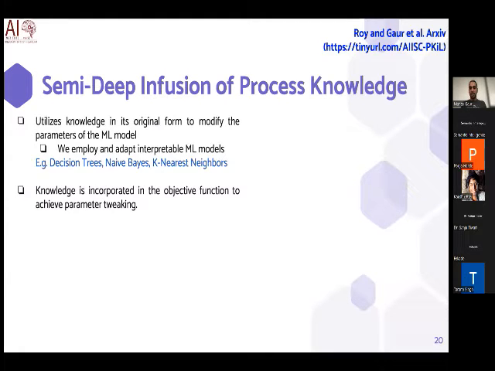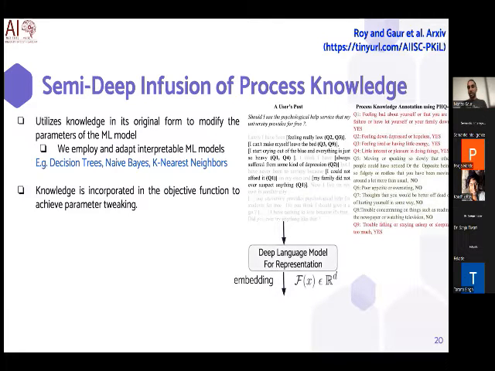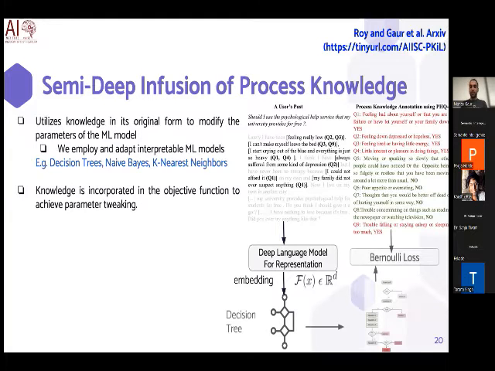The task would be that we take any off-the-shelf language model that can encode a large input text, and on top of it we introduce a decision tree structure. So our framework remains the same as in shallow infusion, but we top it up with an interpretable ML model, in this case a decision tree.